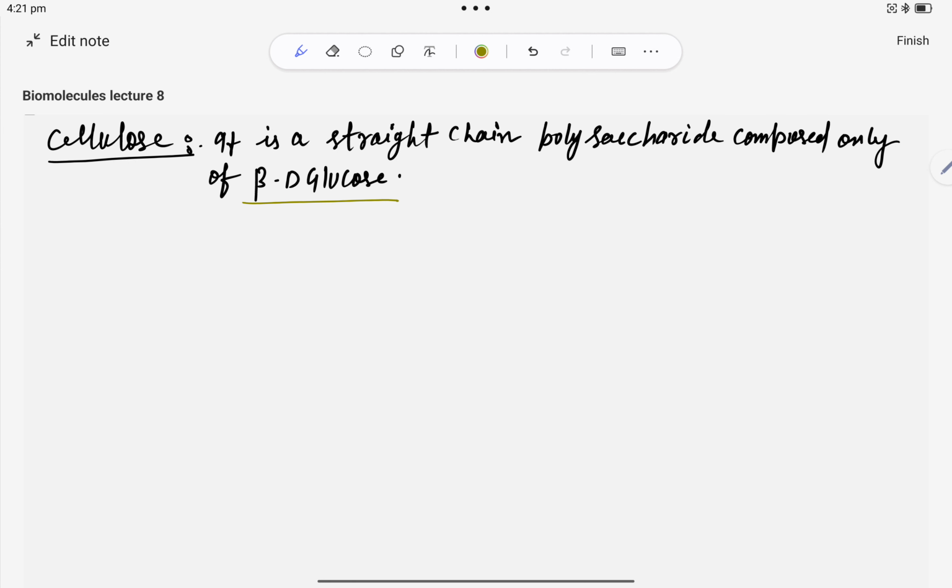So how is it formed? Check it once. Like a ladder, you have to arrange the beta D glucose molecules. So I'm writing here, check it once properly.